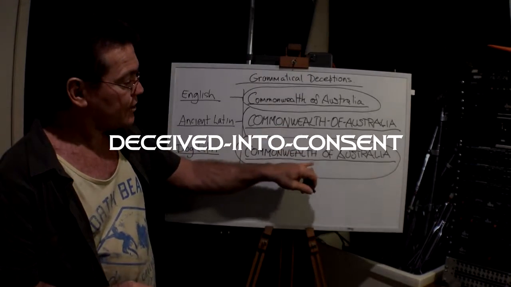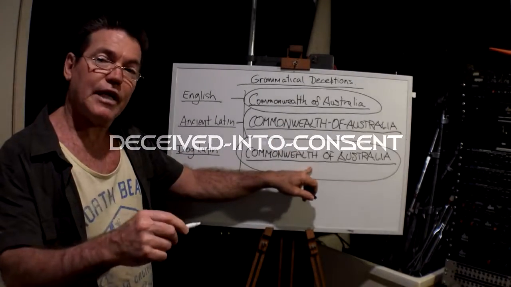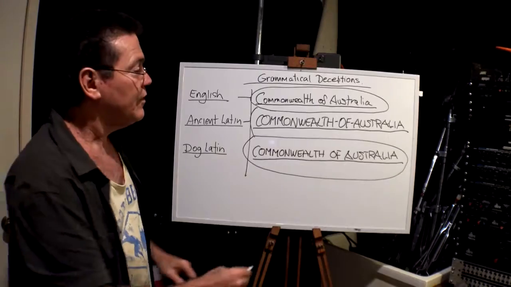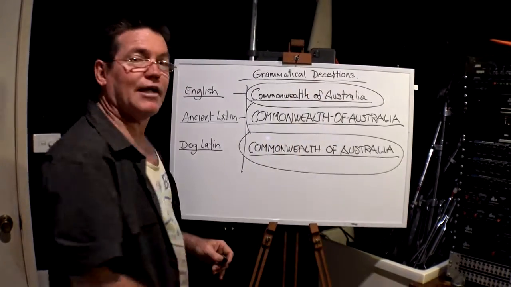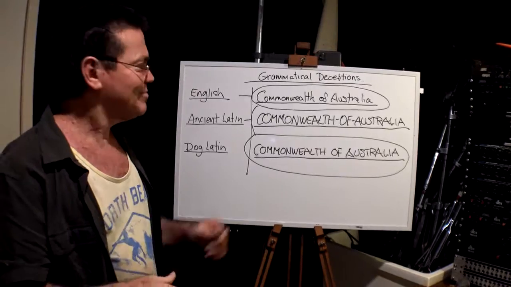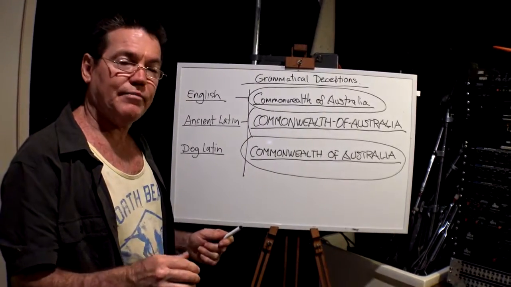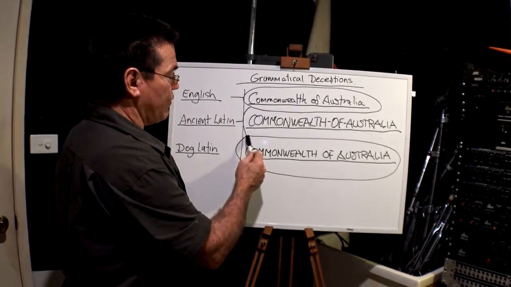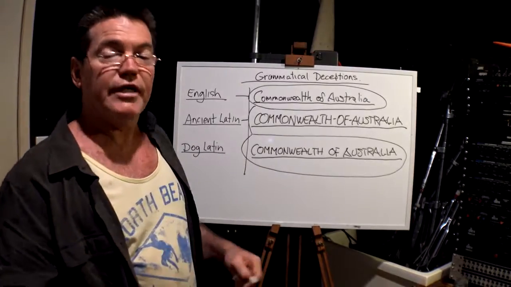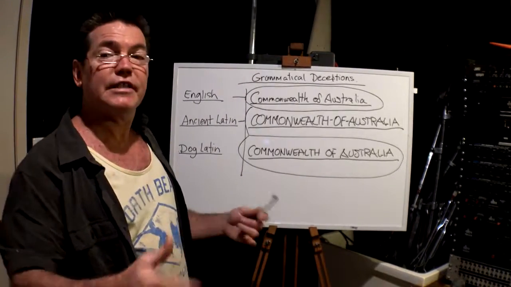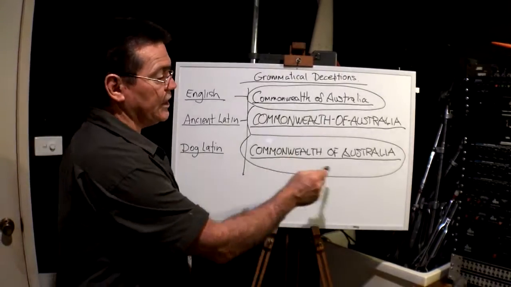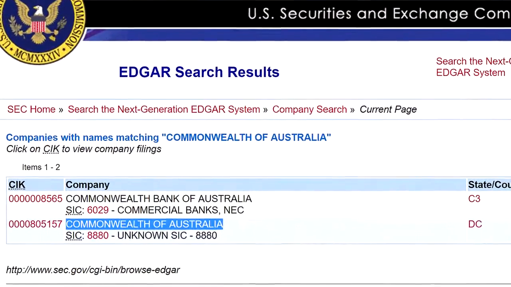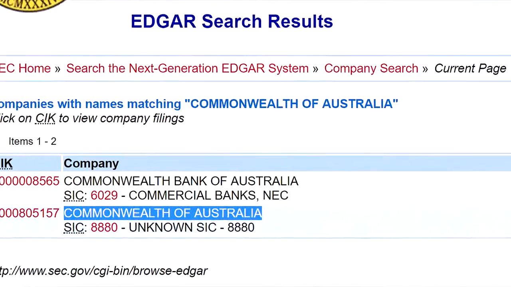But all of the Australians that are in here, such as the Queensland Police, the government, all the government workers and all that, they believe that they are Australians. They believe that. But grammatically, and as a fact, they are the account holders of the foreign United States Securities and Exchange Commission, the foreign United States Federal Reserve, because this is a registered company with the United States Securities and Exchange Commission, written in Dog Latin.